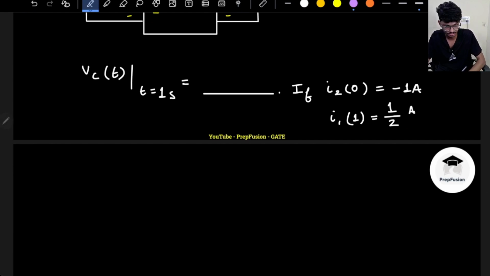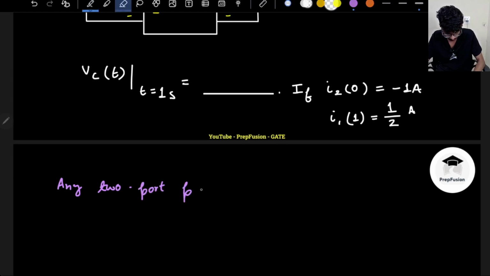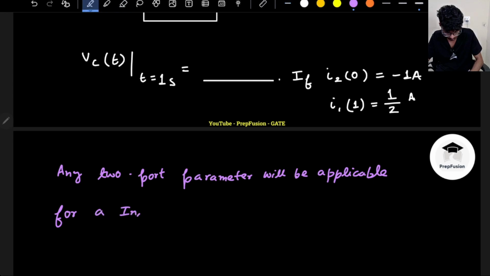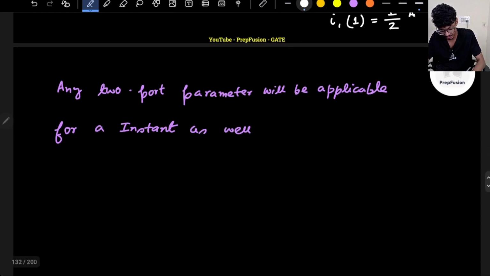Any two-port parameters, as a matter of fact, will be applicable for an instant as well. So if I have the H parameters, what are the dependent variables?